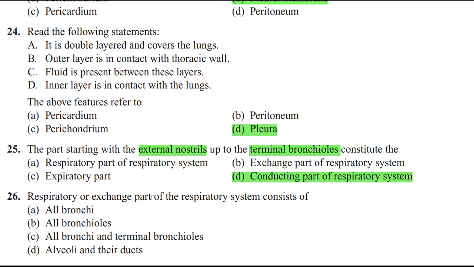Respiratory or exchange part of respiratory system consists of all bronchi, all bronchioles, all bronchi and terminal bronchioles, alveoli and their ducts. Alveoli and their ducts.